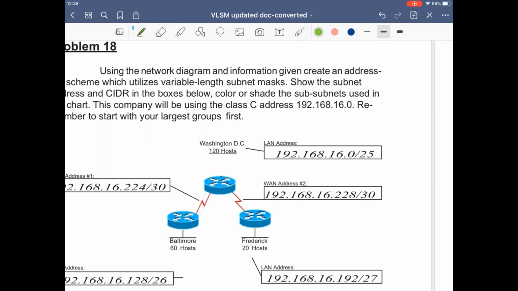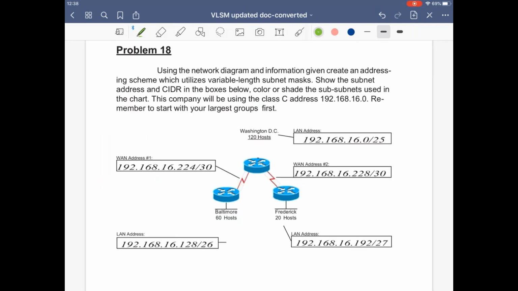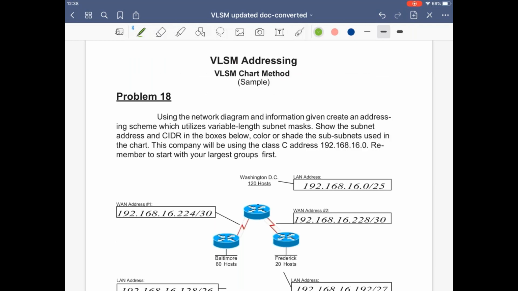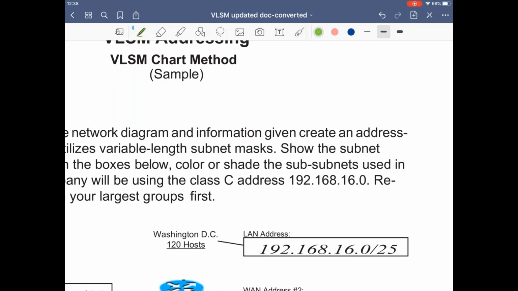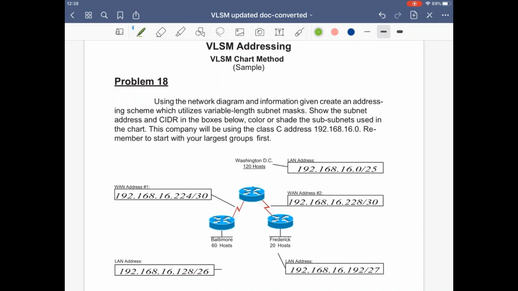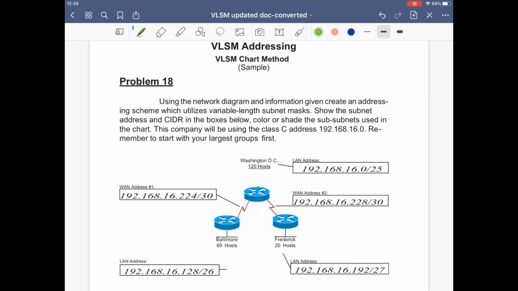Here we have 5 networks. We start with 120 hosts, first network N1. First IP starts from 192.168.16.0. Last IP is 192.168.16.127, which is the broadcast ID for network 1.